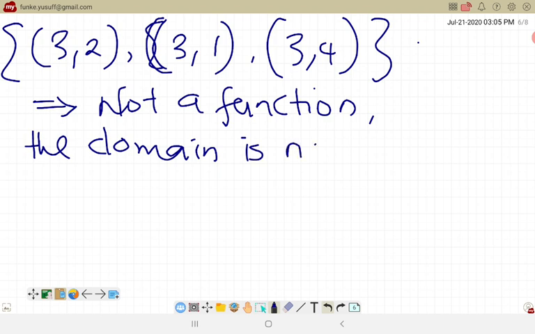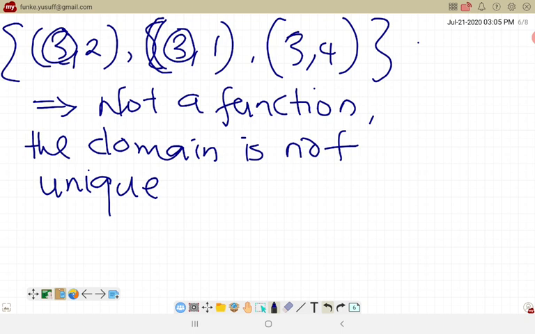It's not unique. Okay, so this is not a function because the ordered pairs have the same element in the domain. I believe you understand what we are saying.